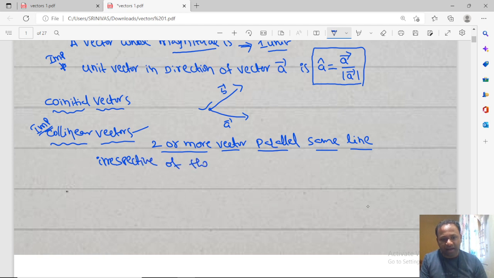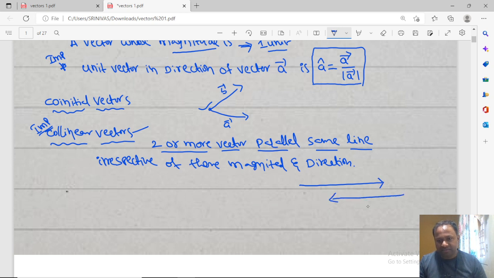For example, I will take like this. Here, the first one is in this way, the second one is in this way.